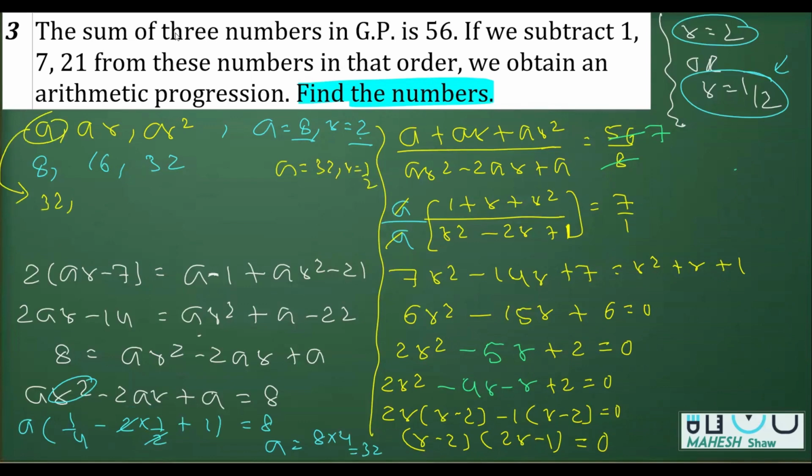Next is AR, A into R, that's 16. The third is A into R square. A is 32, R square is 1 by 4, 32 into 1 by 4 is 8. So our answer will be these two, right? These two should be our answer in this case.